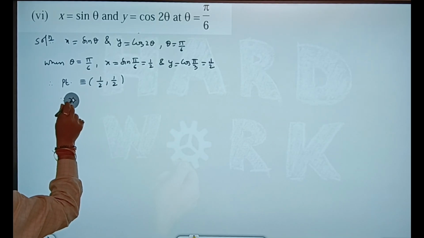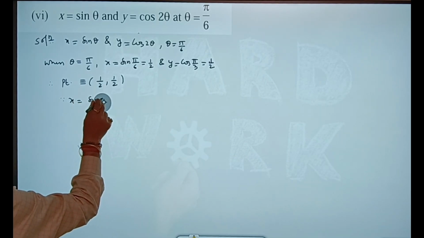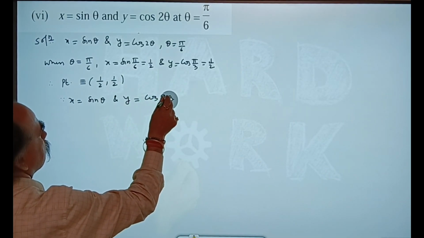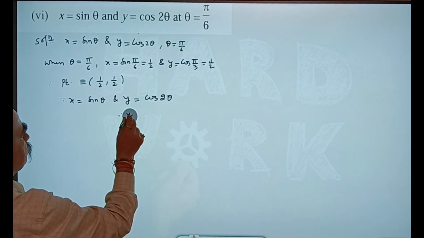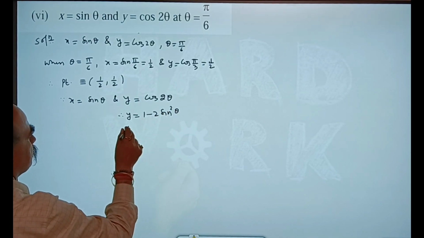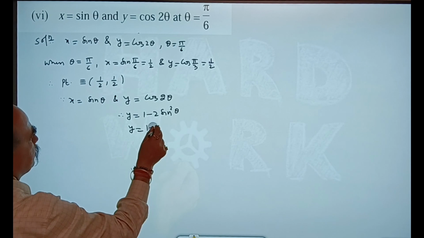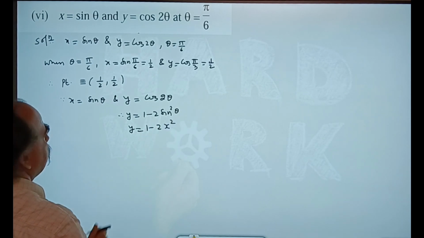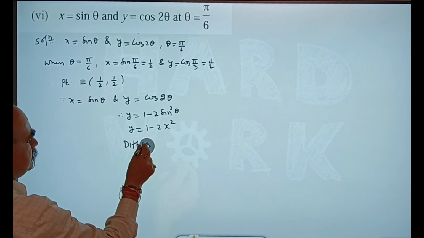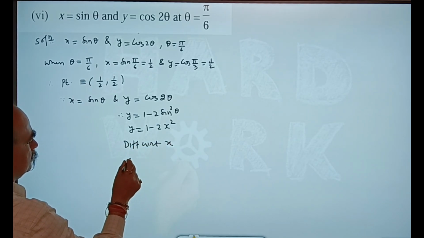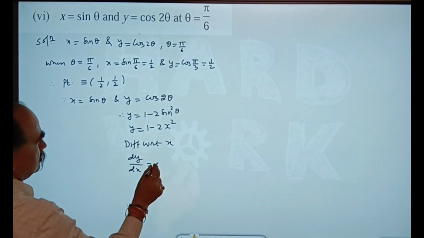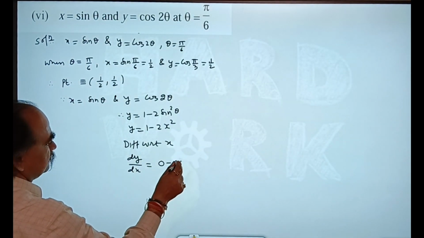Since x is sine theta and y is cos 2 theta, therefore y is 1 minus 2 sine square theta, which is 1 minus 2x square. Differentiating with respect to x, dy by dx is what? 0 minus 4x.